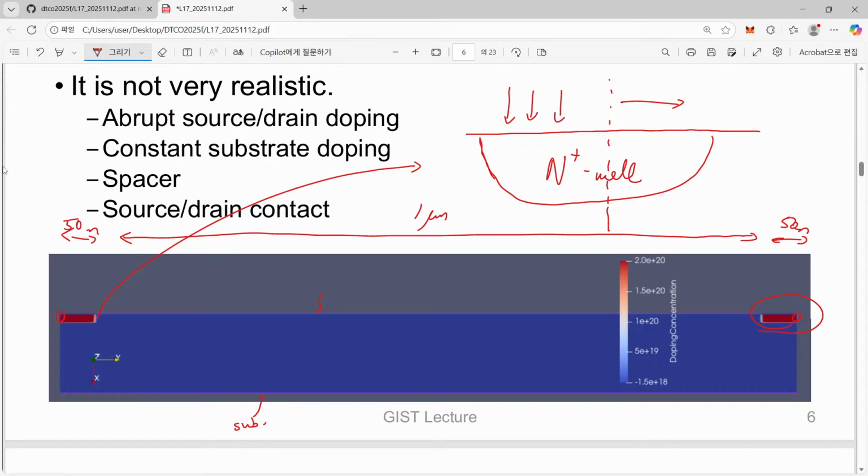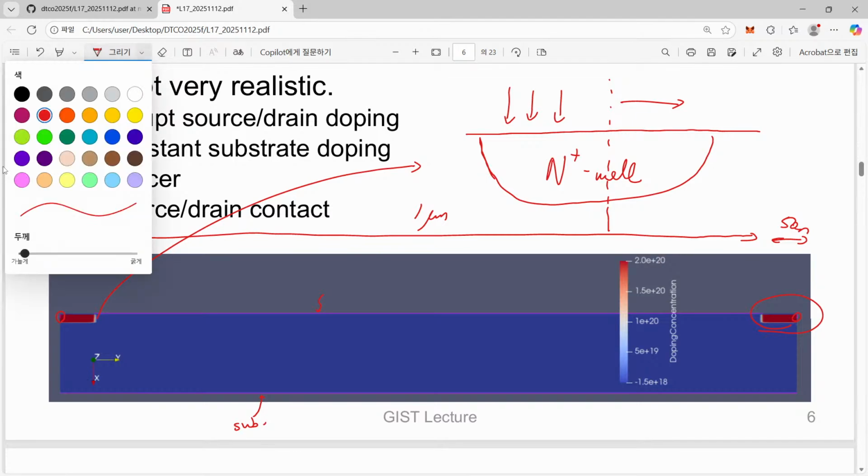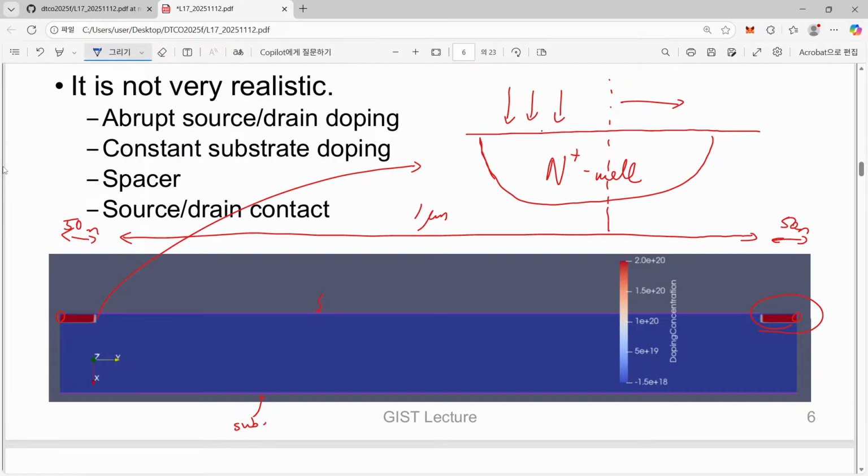And where can you have the real metal contact? Of course, on top of this n well, we will make a certain metal, and this metal and n plus region interface is working as the real contact between metal and our silicon n plus region.